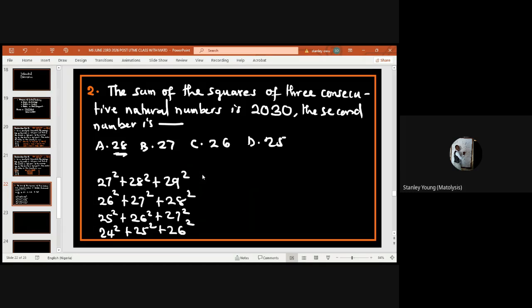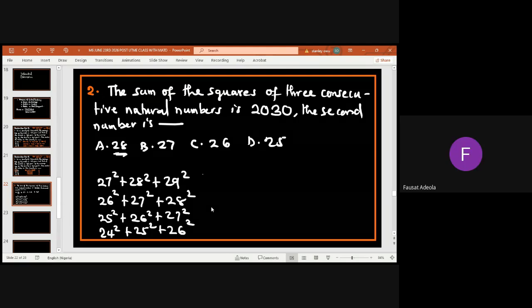Now, whichever one of these 4 gives 2030 is going to be the answer. Now, figure it out. Which of them is going to give us 2030? I'm waiting for you. One of you should figure it out and tell me.